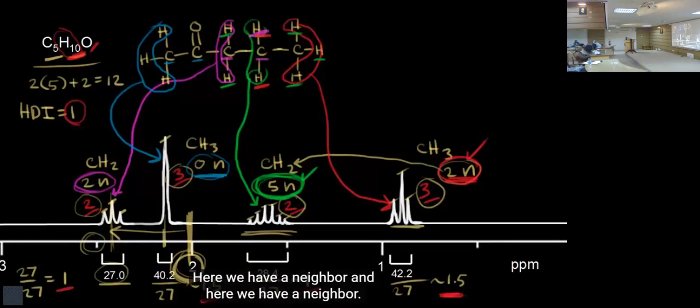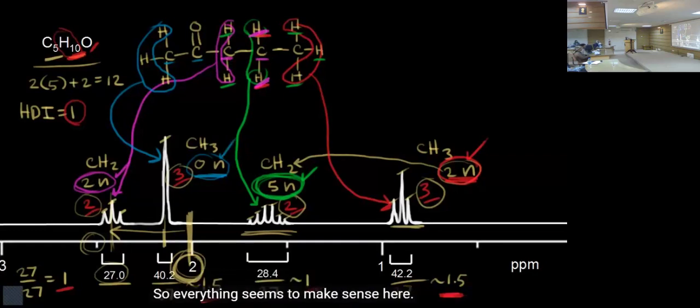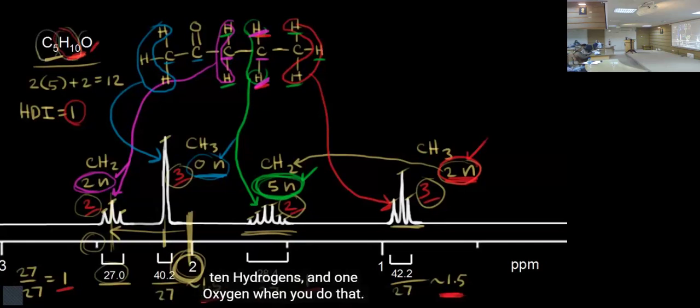Here we have a neighbor, and here we have a neighbor. So this makes sense. And then we already talked about the blue protons having 0 neighbors. So everything seems to make sense here. And to sum everything up, make sure to count all of your atoms, and you will get, of course, 5 carbons, 10 hydrogens, and 1 oxygen when you do that. So this is the dot structure that we were trying to find.